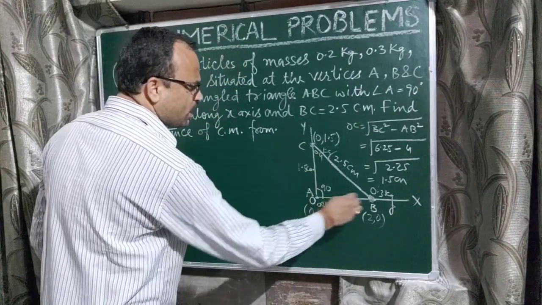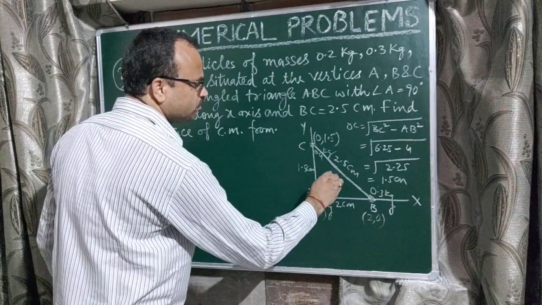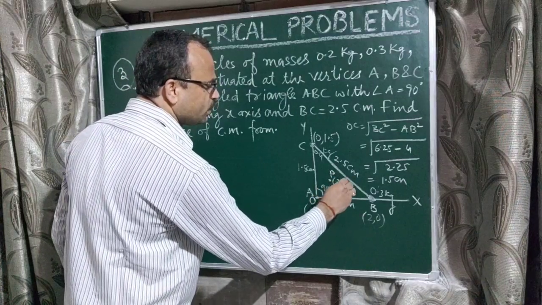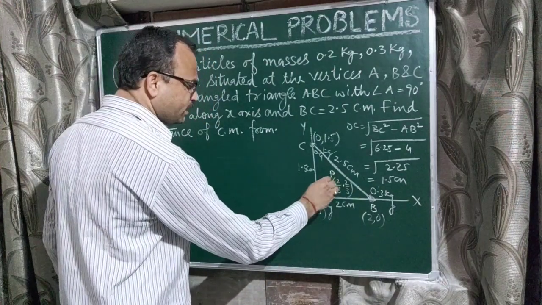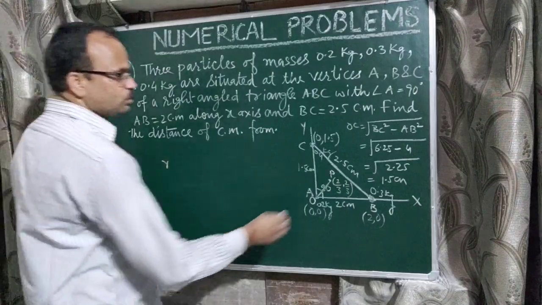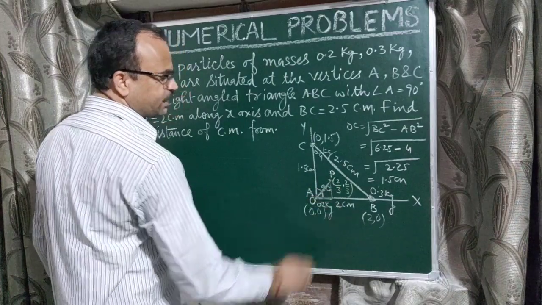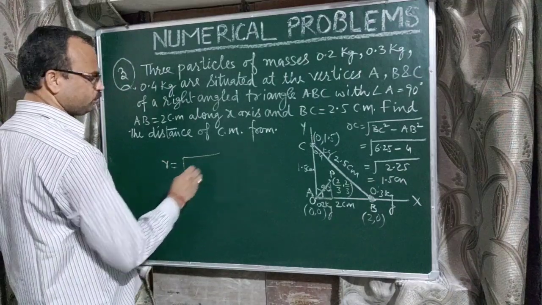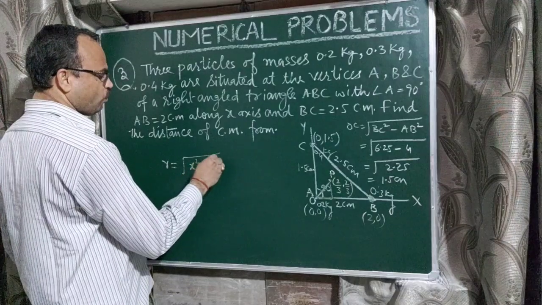It means the center of mass of this system is at this point, whose coordinates are 2 by 3 comma 2 by 3. Now we have to find this distance. Suppose this distance is r. This distance is again 2 by 3 and this is also 2 by 3 centimeter. Applying the Pythagoras theorem, r = under root of x square plus y square.